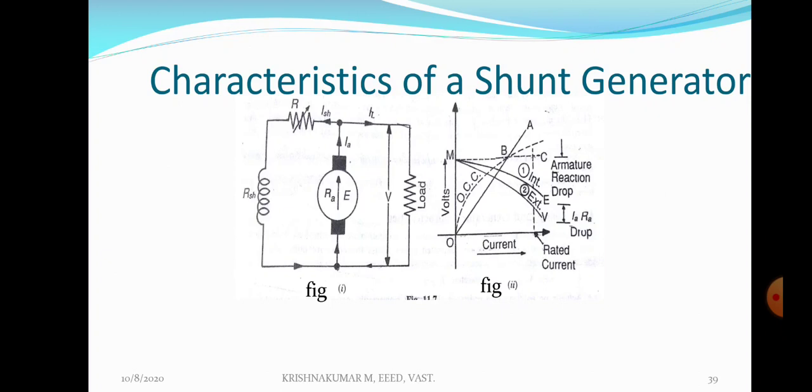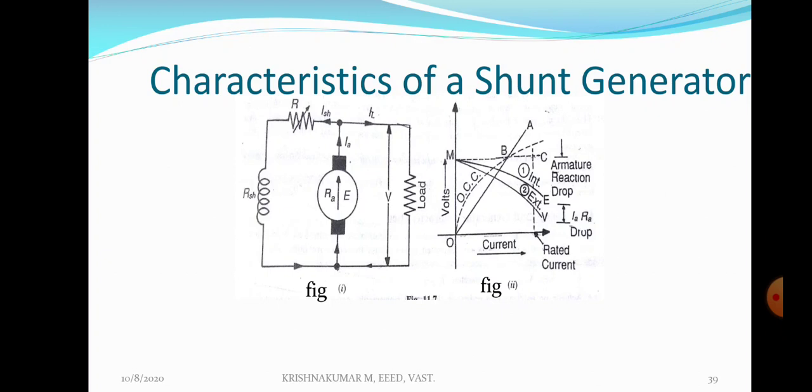The reason is OCC shows the relation between E0 versus IF, while the internal characteristic shows E versus IA. So it lies below OCC because E is less than E0 due to armature reaction effect: E0 minus the EMF due to armature reaction is equal to E.